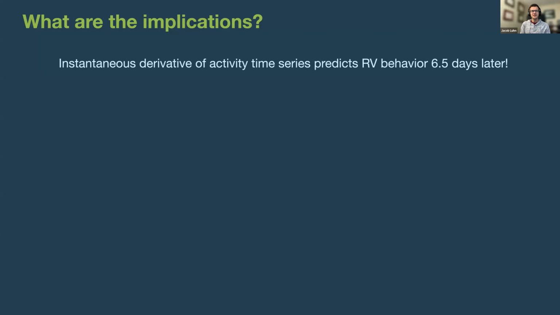So the implications, if this is actually a physical model of what's happening on this time series, we're seeing that the instantaneous derivative of the activity time series predicts the RV behavior 6.5 days later, which is very interesting. And I point this out more as a means of highlighting the fact that these well-sampled activity time series have very strong predictive power on the RVs under all of these models.